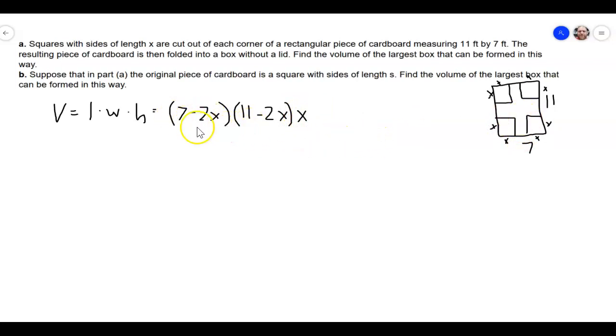So here's going to be the volume all in terms of x. It'll be 7 minus 2x for this length, 11 minus 2x for this length, and then the height will just be x.